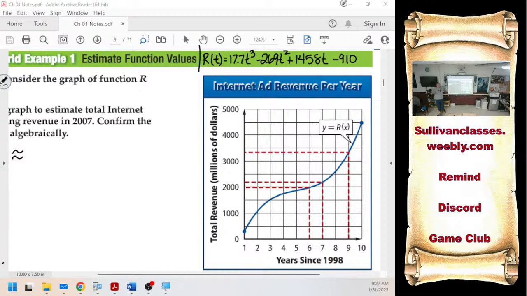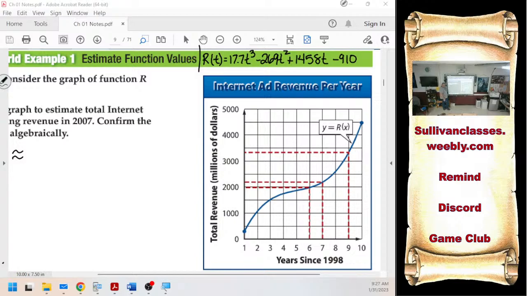Okay, each one is worth 500 of the millions, right? So if this is going by 500, 500, 500, 500, 500, this is going to be about what? Looks like it's kind of between maybe 3 and 4, 4-ish.